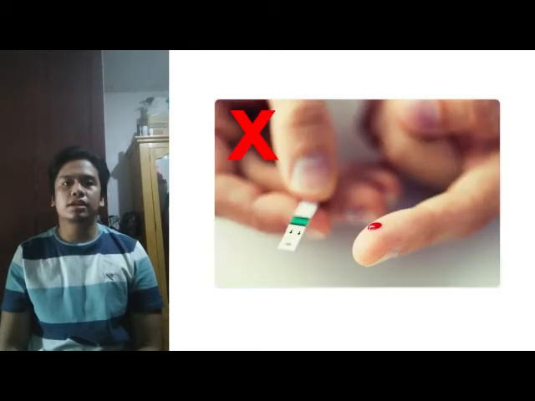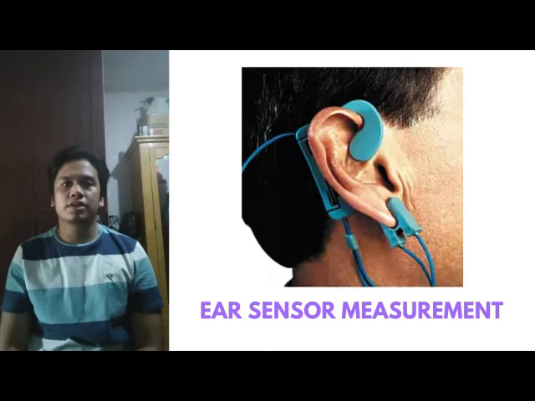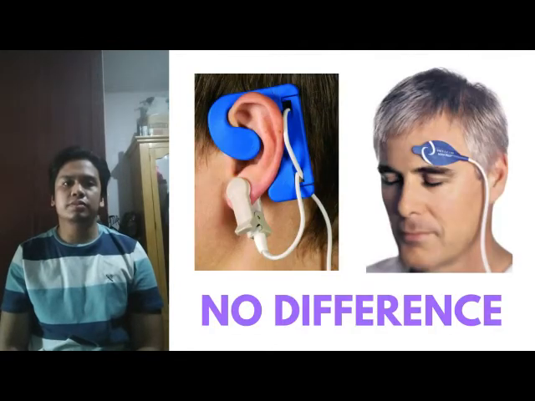Therefore, a non-invasive and practical method in the CF patient's daily treatment, such as ear sensor measurement, must be preferred as reference variable. Present studies showed no difference between the results obtained from reflectance oximetry measured at the forehead and those from the transmission oximetry measured at the ear.